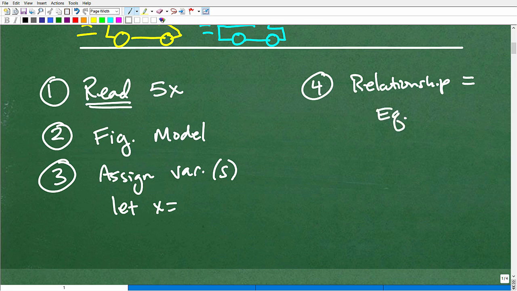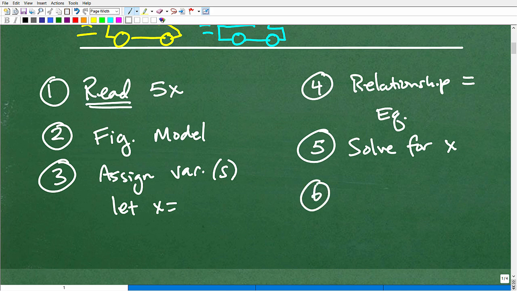So in the problem, we can pull out information that says, okay, this is equal to this, and then we can write an equation. All right, then once we have an algebraic equation, what are we going to do next? We're going to solve for the variable. Okay, in this case, let's say it's x. We're going to solve for x. And then the last thing we're going to do is make sure we answer the right question, the right questions, okay?